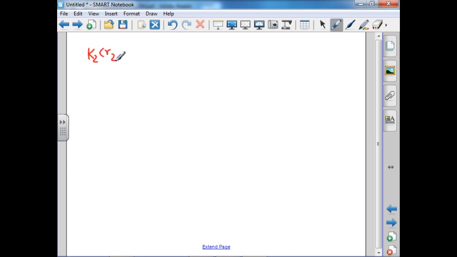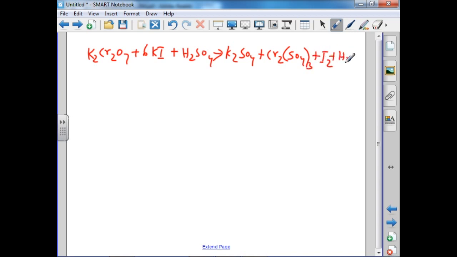K2Cr2O7 plus 6 KI plus H2SO4 gives K2SO4 plus Cr2(SO4)3 plus I2 plus H2O. Next we are going to balance the atoms from the reactant and the product side.